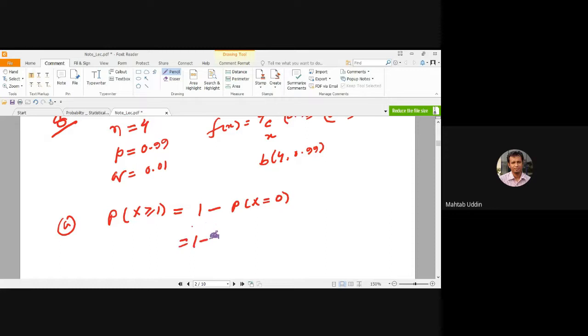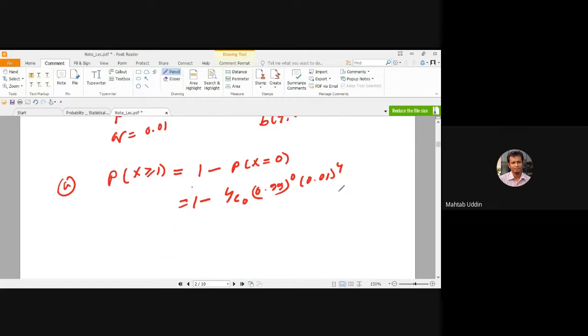So this is 1 minus 4C0, 0.99 to the power 0, 0.01 to the power 4. After calculation, you will get 0.999 and so on, because it will continue up to 9s.